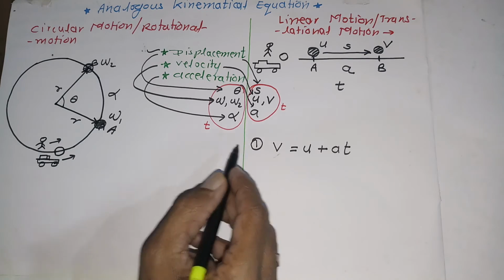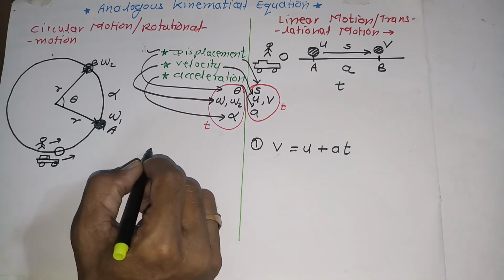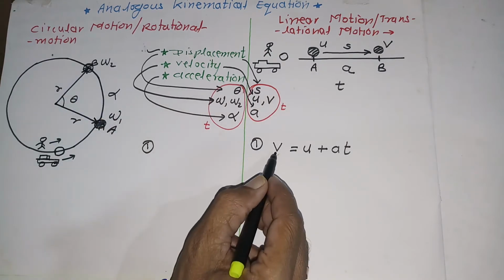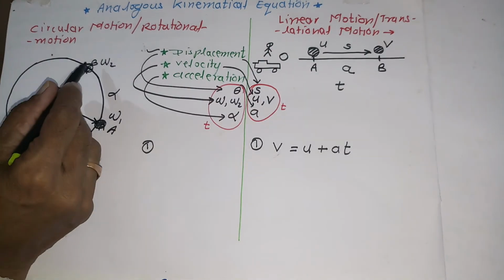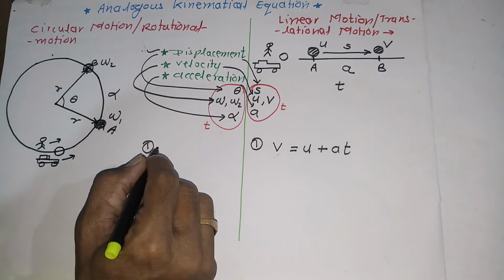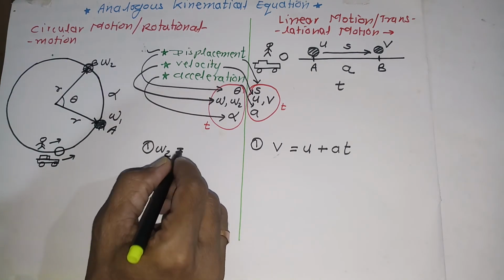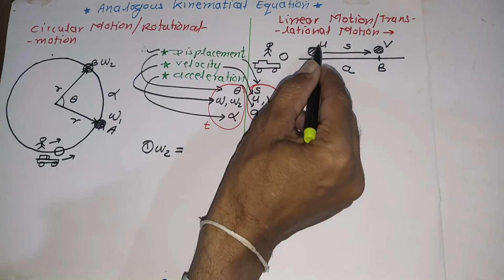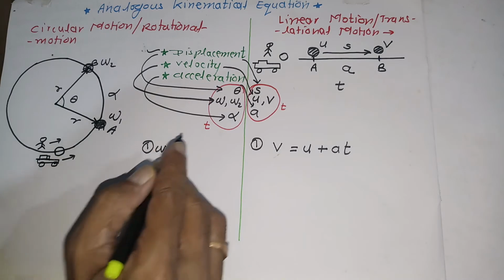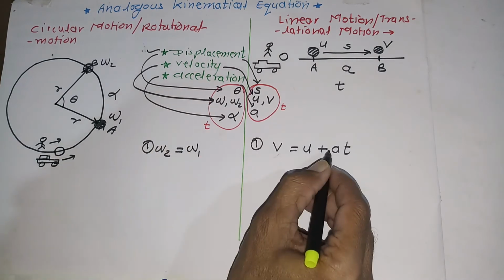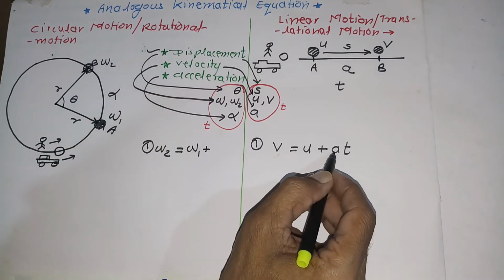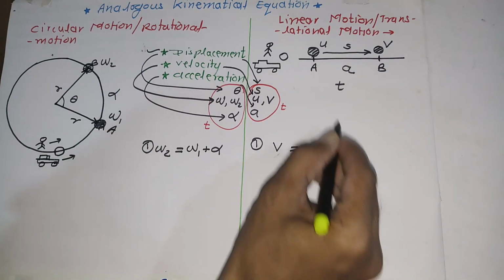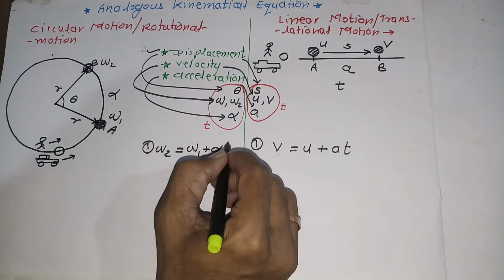A similar kinematical equation is there for circular motion also. The first kinematical equation in the case of circular motion is: final angular velocity omega 2 equal to initial angular velocity omega 1, where initial linear velocity was u, plus alpha, the angular acceleration in place of linear acceleration a, into t, with the time factor the same.